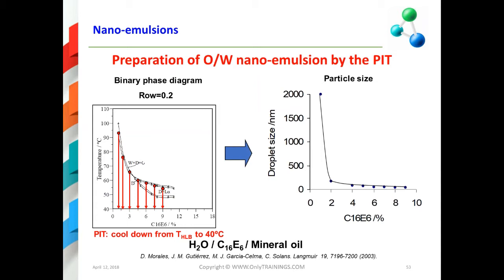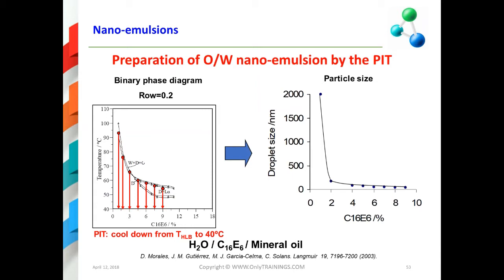A single-phase region consisting of a microemulsion was found between 4 and 11% of surfactants. So in these regions, in between both lines. Okay. This microemulsion region is divided into two branches located at around 48 and 60 degrees Celsius.